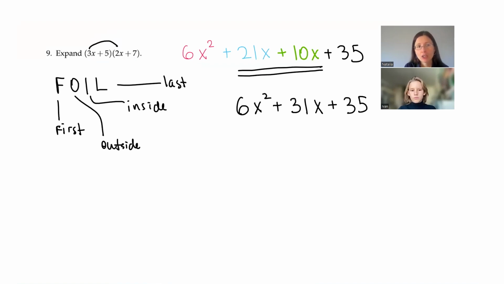But normally you will write first 6x squared, then 21x, 10x, and 5 times 7, 35. So exact same order, just a different visualization through the lines. That's the final expanded expression.